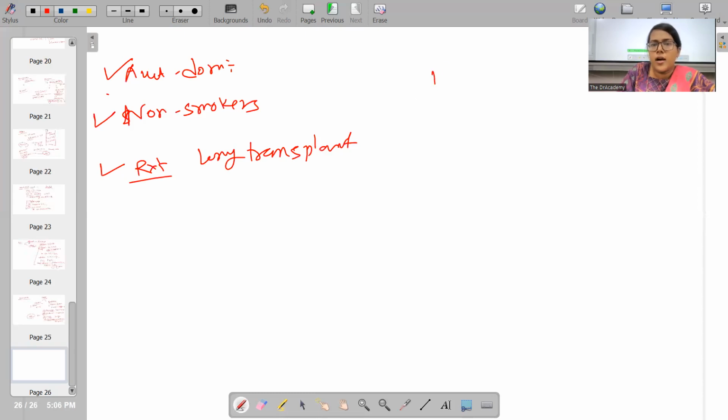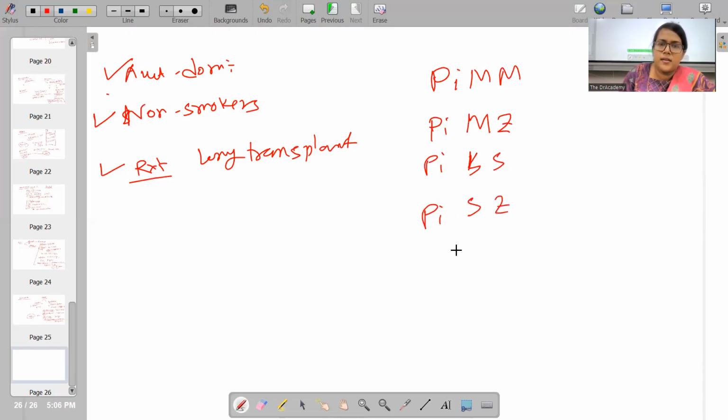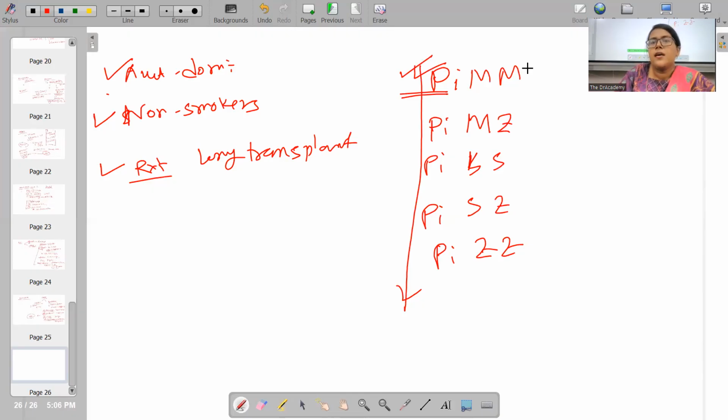And the genotype is particularly important. So there are different genotypes. I will just write it down: PIMM, PIMZ, PISS, PISZ, PIZZ. So if it's like a gradient, if the patient is having PIMM genotype, patient will be having no signs or symptoms.